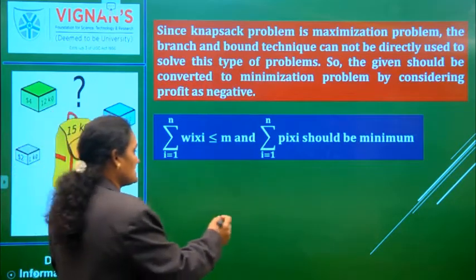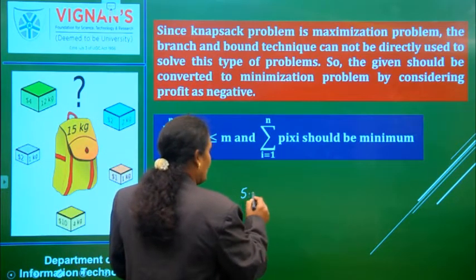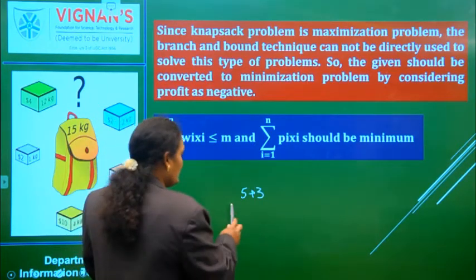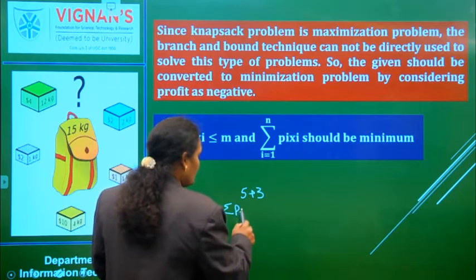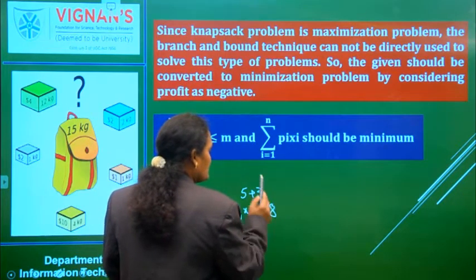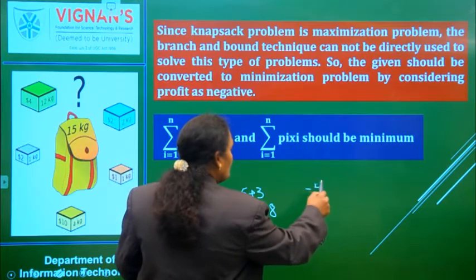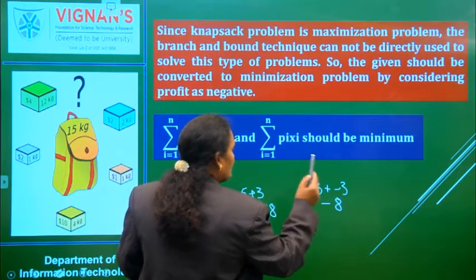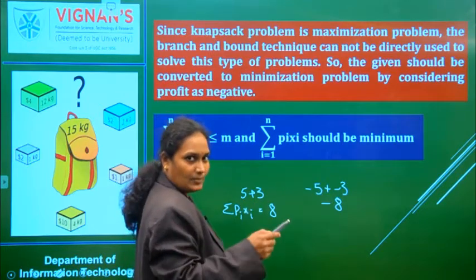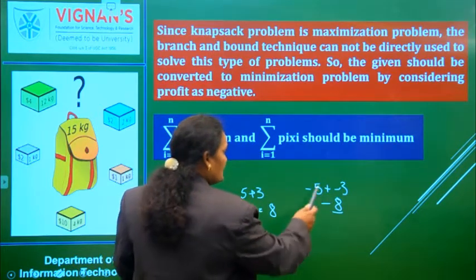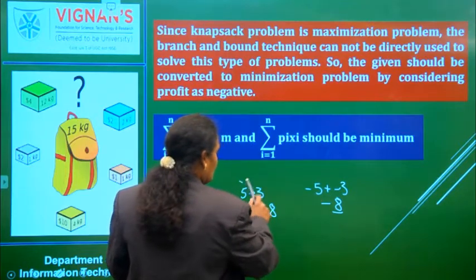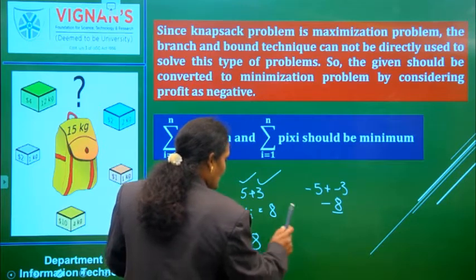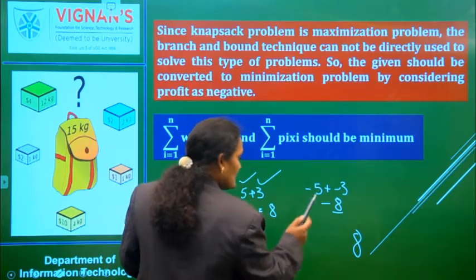Suppose, for example, I have the values 5 and 3, which are the profits of two objects. In the general problem, its total profit becomes 8. If you want to convert this into a minimization problem and you add the profits, it becomes minus 8. So for 5 and 3, the minimum value is minus 8 and the maximum value is 8.